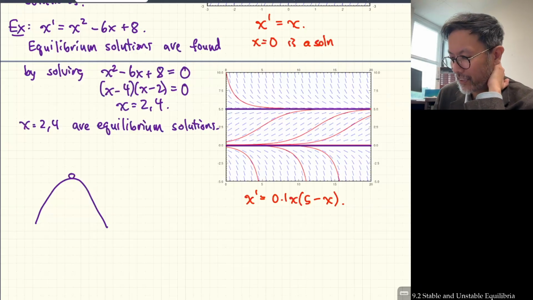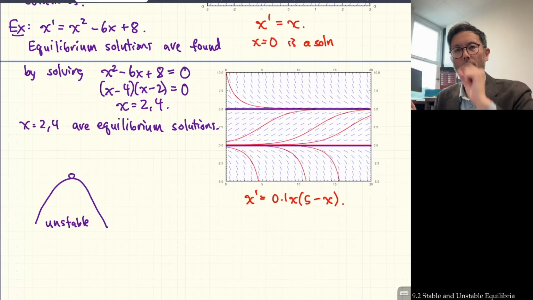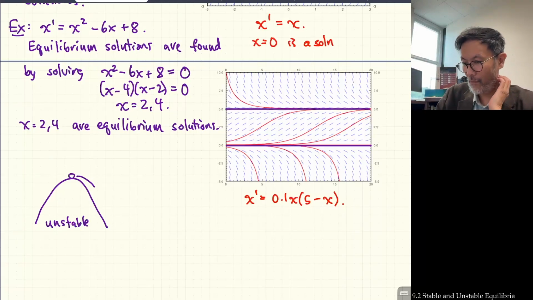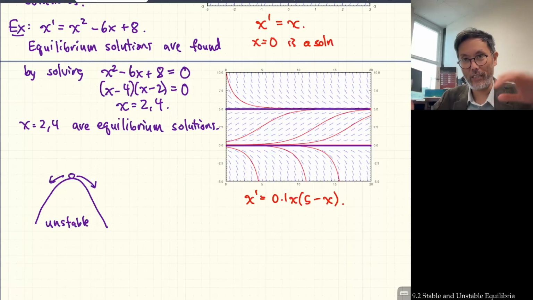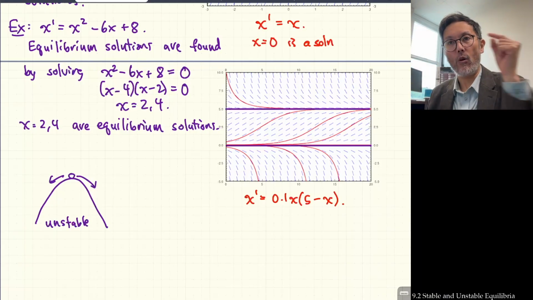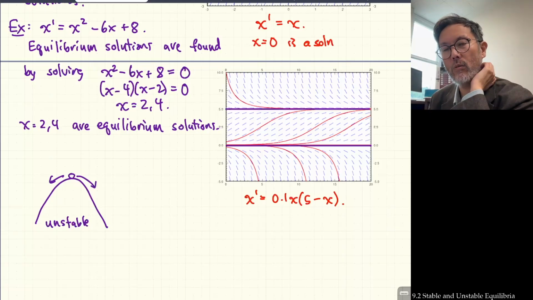This would be an unstable equilibrium, because any tiny perturbation is going to make it move quite a bit away from its current position. It's going to be a very, very different situation for this system if we perturb this equilibrium just a little bit.